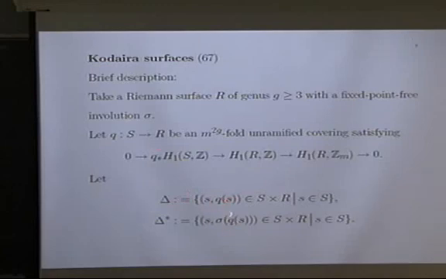Then you let this fixed point free involution act on delta, and you get another curve in S cross R, delta star, which is disjoint from delta, because sigma is fixed point free.